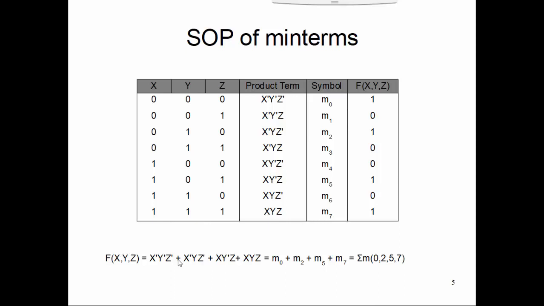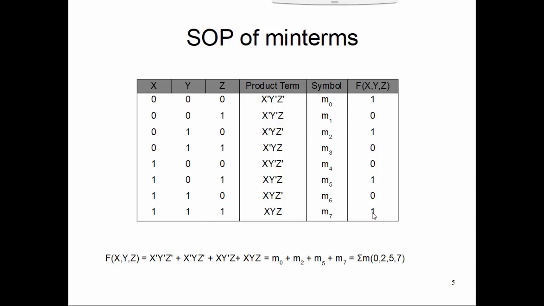I pick up those rows' product terms and make an OR between them. So I pick the very first row, which is x bar y bar z bar, or the third row, which is x bar y z bar, or the sixth row, which is x y bar z, or the last row, the 8th row, which is xyz.